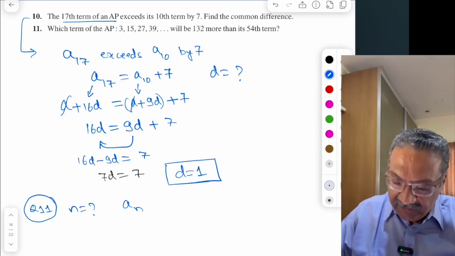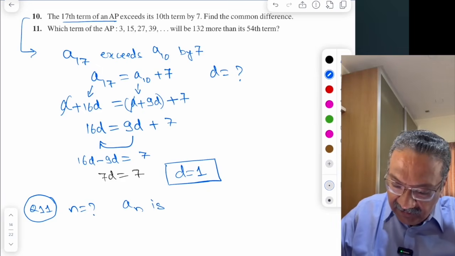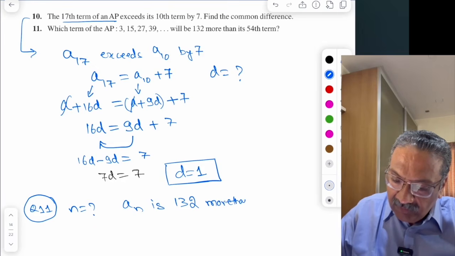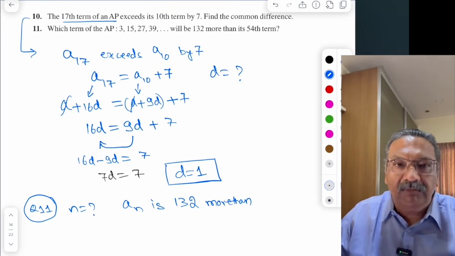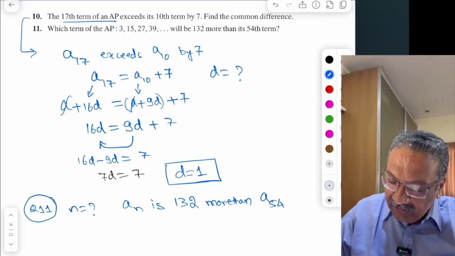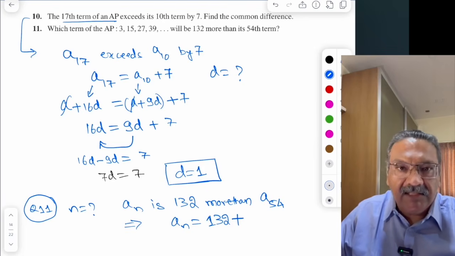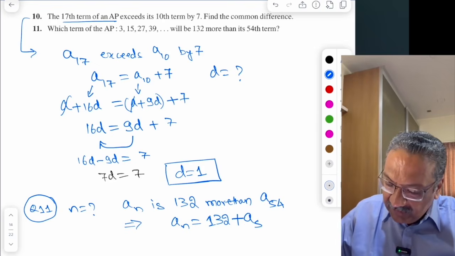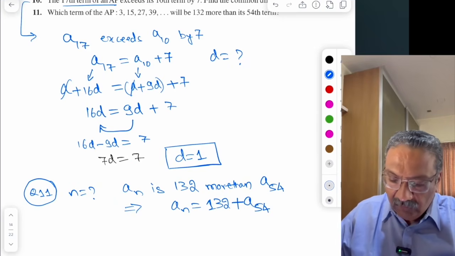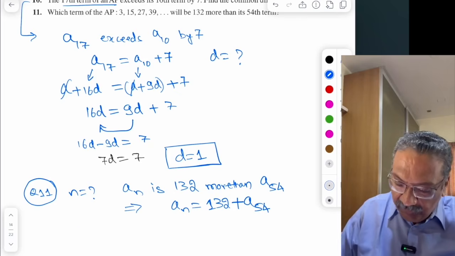What is an? an is 132 more than its 54th term. The 54th term is A54. So mathematically an is 132 more than, meaning add, 132 plus A54. The AP is given.